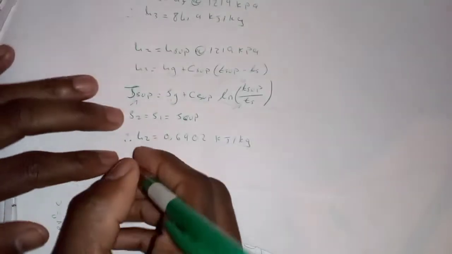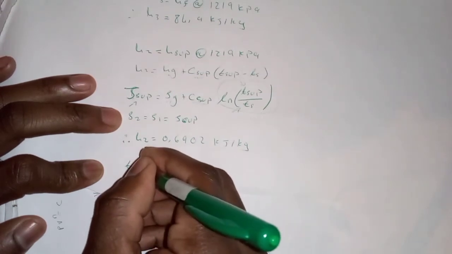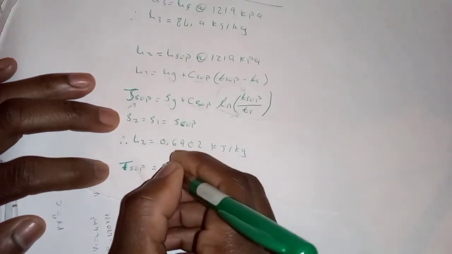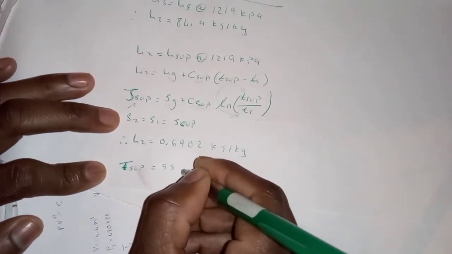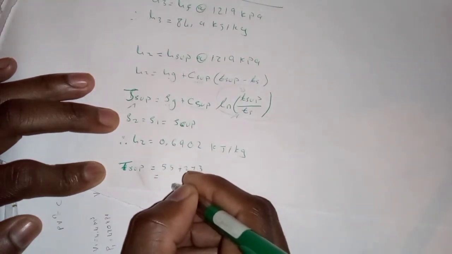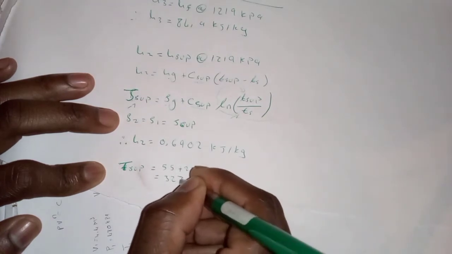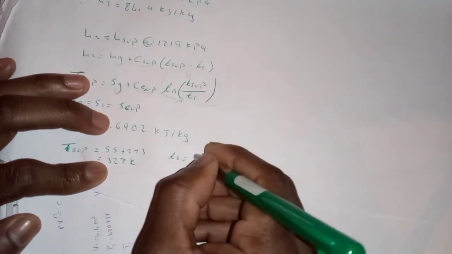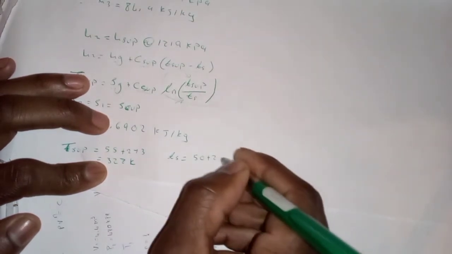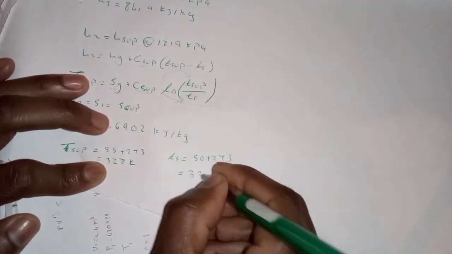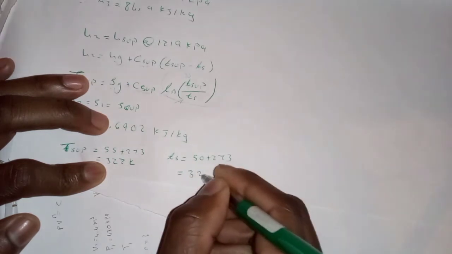T sup equals 55 plus 273, which gives us 328 Kelvin. Then T saturation equals 50 plus 273, which gives us 323 Kelvin. And then from there we substitute.